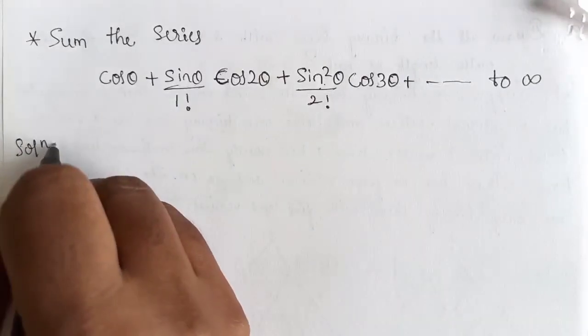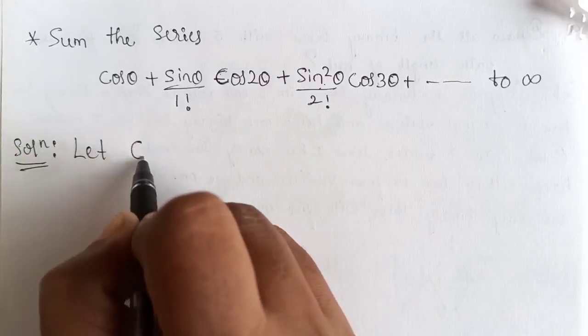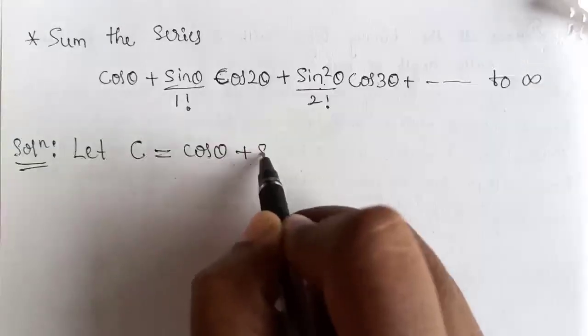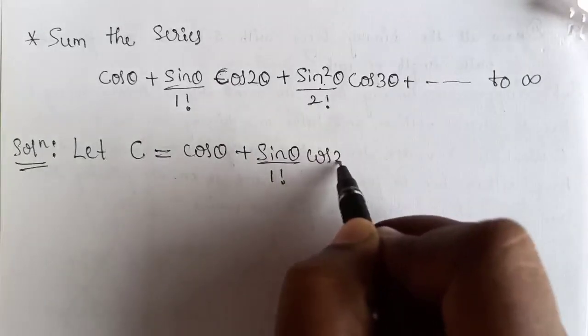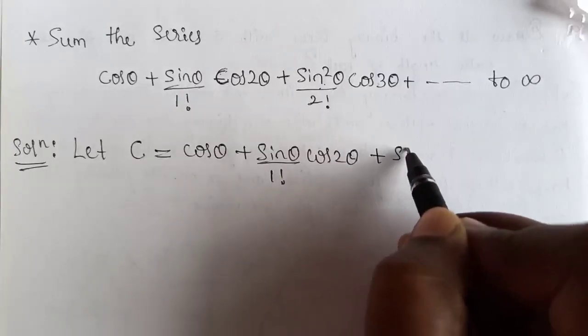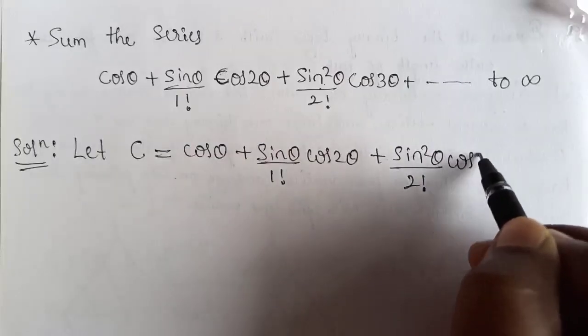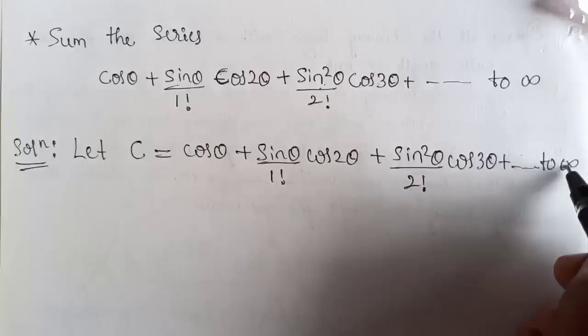Okay, let's see the solution. So let us represent the given series as c equals cos theta plus sin theta divided by 1 factorial cos 2 theta plus sin square theta divided by 2 factorial cos 3 theta up to infinity.